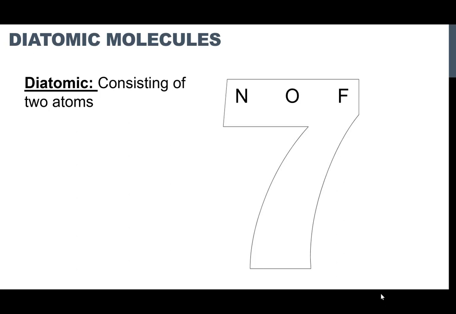The diatomic molecules start on the element nitrogen, which coincidentally enough is the 7th element on the periodic table. So I was like, cool, this is going to be a really fun example. This is going to work out. So the first 3 diatomics are nitrogen, oxygen, fluorine. And then as we work our way down from fluorine, they kind of make the number 7 on the periodic table.